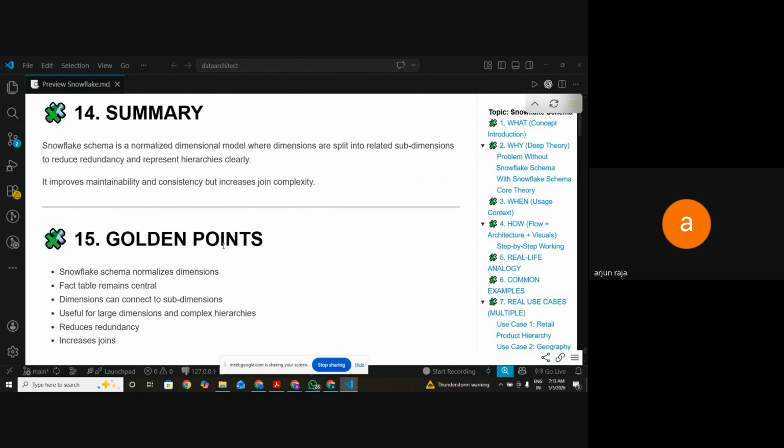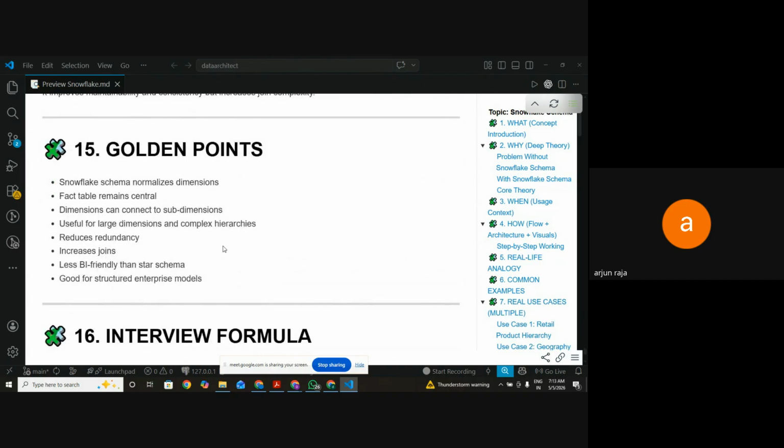Mainly, if there is a hierarchy we should go for snowflake. It improves maintainability and consistency, but increases join complexity and has performance trade-offs.